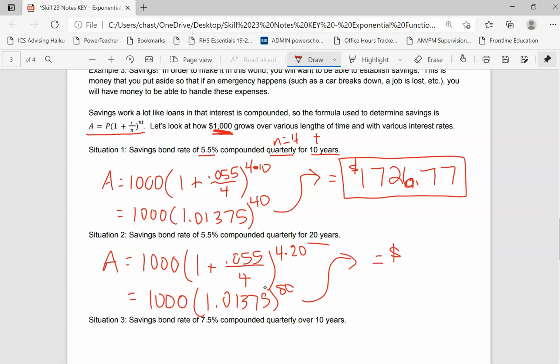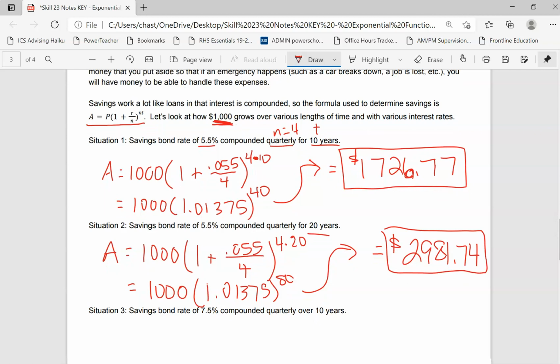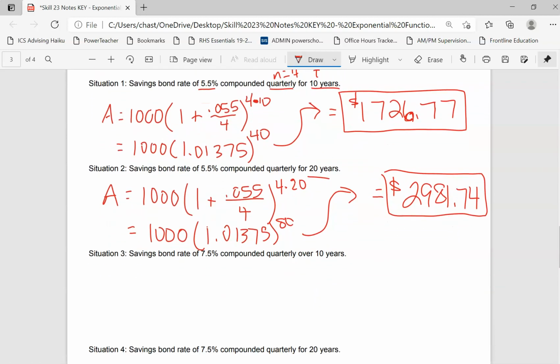And so I'm going to go ahead and calculate that. And just by that alone, it makes this go to $2,981.74. Ooh, that's nice. Okay. So putting that money in there for double the time is going to do wonders for the account.